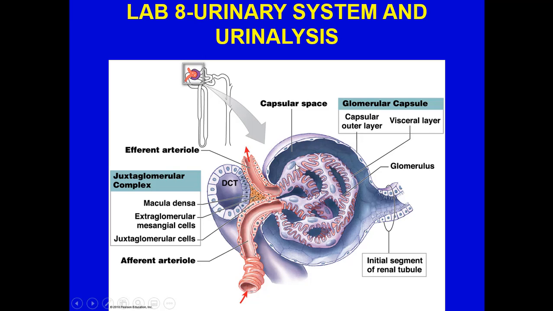And then when the fluid has gone through this, and we've lost some of the volume, we've changed some of the viscosity. We have blood leaving by the efferent arteriole. This is the capsular space. This is the initial segment of the renal tubule. Notice that it has other factors in here, including some cilia.